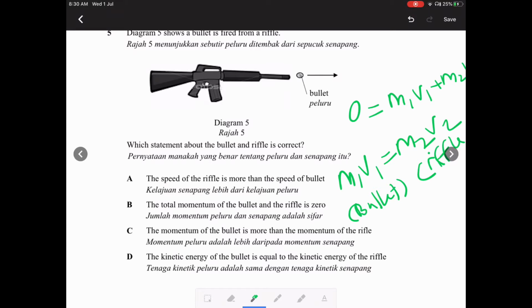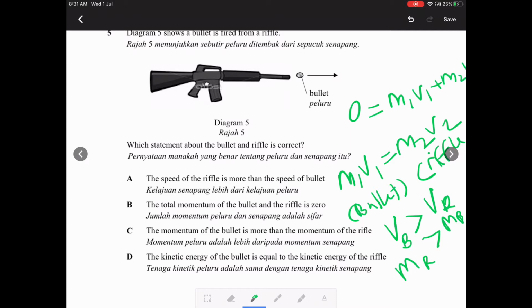Okey. So bullet mass dia ringan, tapi hasil darab dia mesti dapat nilai yang sama kan? So bullet kalau mass dia ringan, maka V dia akan jadi lebih besar. Okay, so V bullet akan jadi lebih besar daripada V rifle, sebab rifle dia punya mass adalah besar. Okay, manakala mass untuk rifle, ini rifle lebih besar daripada mass bullet. Jadi hasil darab dia akan dapat nilai yang sama.